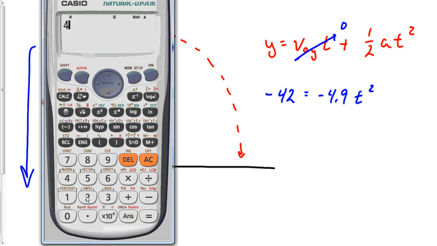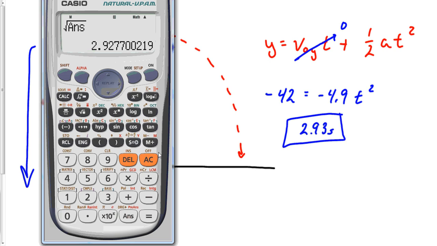And let's see what we got. Negatives cancel. Take my square root of my answer, 2.93. And there is my answer to that.